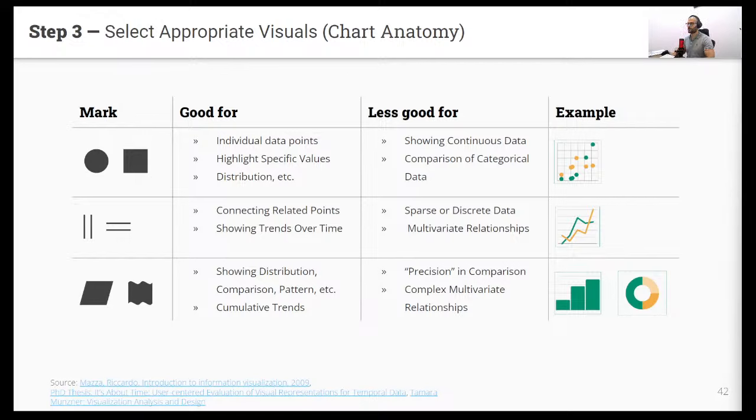For example, if I want to compare 2 pie charts, it's not even thinkable to do. And the line, it's not so good for sparse or discrete data, and the points are very much used in a lot of visual representations for showing individual data points, highlight specific values, and so on.